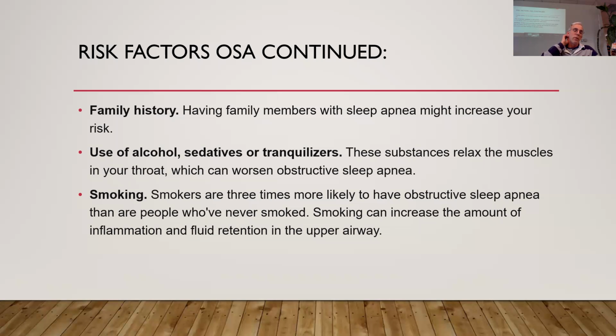Now, smokers are 3 times as likely to have apnea, especially obstructive, than other people in the general population. Smoking can increase the amount of inflammation and fluid retention in the upper airway, which is true. So it has a way of narrowing your airway.